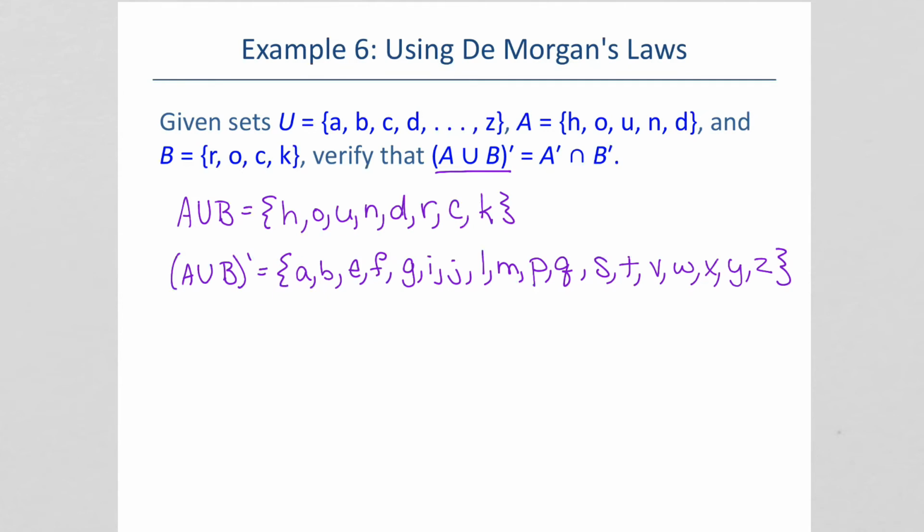Okay, so the next step is to list the complement of A and the complement of B. And then we'll list the intersection of those two complements. The complement of A would be everything in the alphabet except for hound. So I'm just going to start listing.